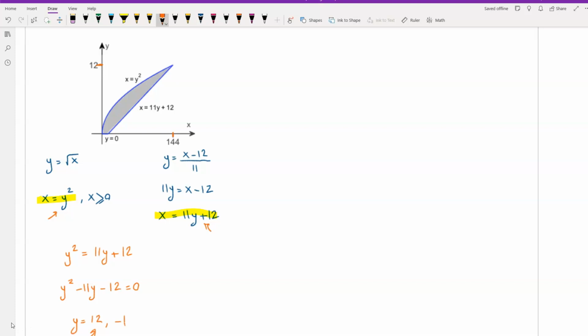And this part, 12 squared, is equal to 144. So our x is 144. Disregard the value y equal to negative 1, and that is because it doesn't lie in this region. So I didn't use y equal to negative 1, but I used y equal to positive 12.